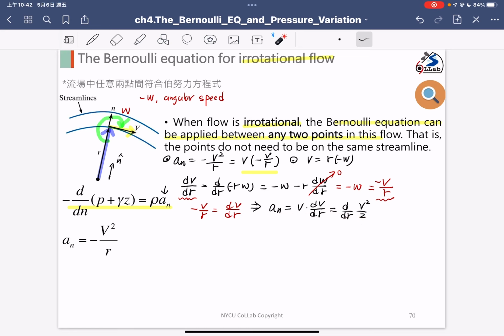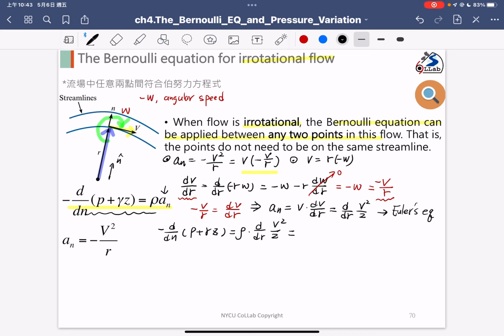So we put the equation into Euler's equation. We go back to see the equation showing here. We can summarize: minus dn of the piezometric pressure P plus gamma z will equal the density times the an, which right now is d dr of v squared over 2, right?